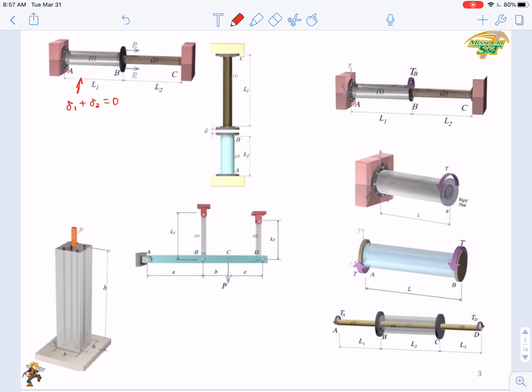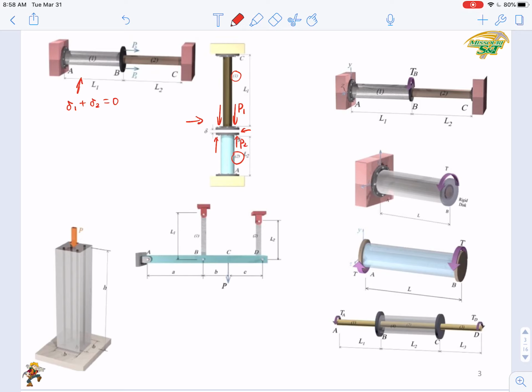So how about the second case here? You have two bars, a bar 1 and a bar 2, but there is a gap between them. So when you add the load, you see here the P1 or P2, you can add any one of them. Then this load has to close this gap first before touching the other bar.